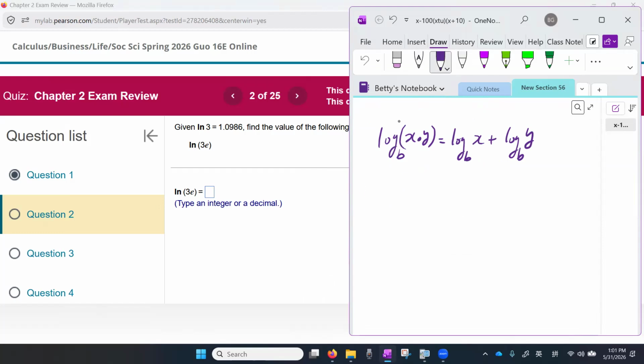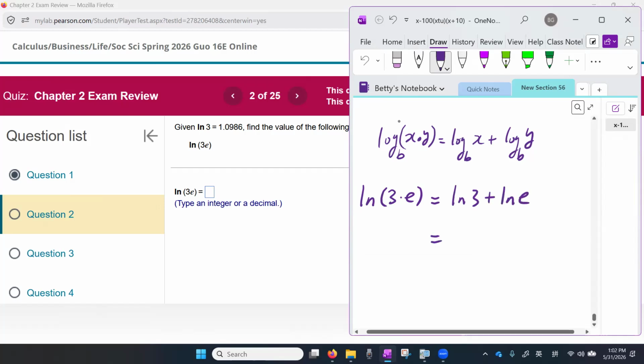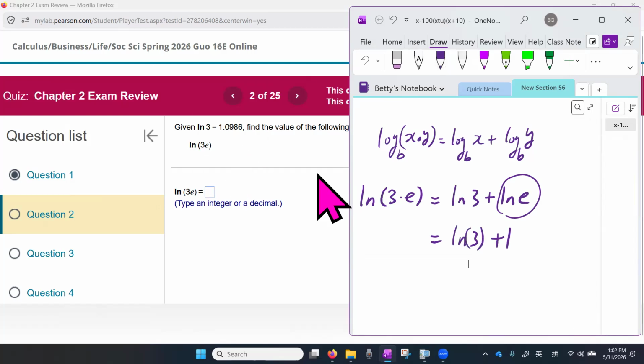With that said, ln of 3 times e can be expanded as ln 3 plus ln e. And then we know ln e equals 1. For any logarithmic function, if the base and argument are identical, then the log value is 1. So we have ln 3 plus 1. ln 3 is given.